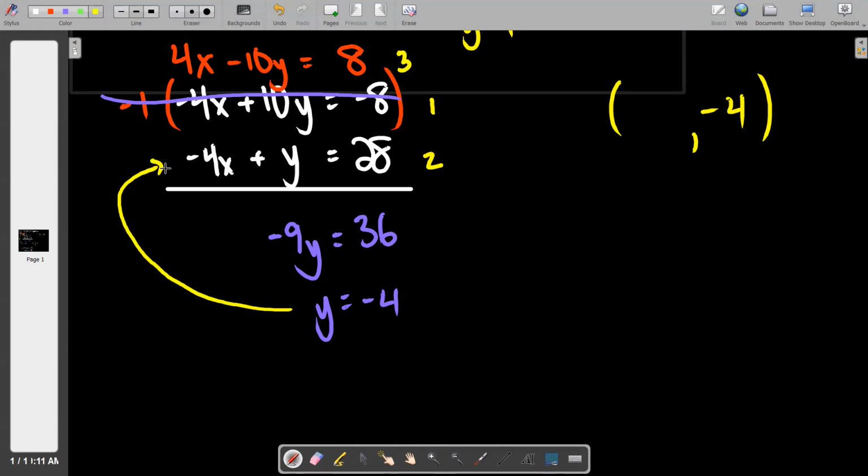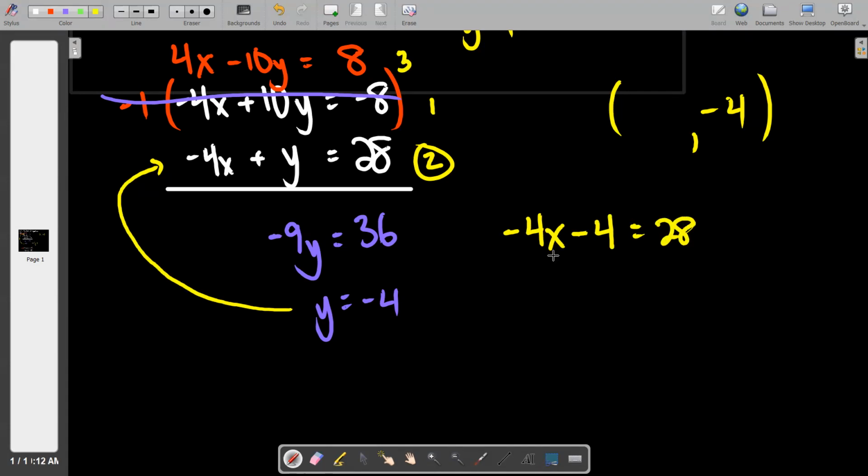At this point in your math life, halfway through algebra 2, you're probably not scared of a couple of negatives anymore, right? That was kind of a thing in algebra 1 maybe, but now it's like, who cares? Just go for the small numbers. So if I rewrite the equation with the little 2 next to it, it says negative 4x minus 4, because I changed the y into negative 4, equals 28.